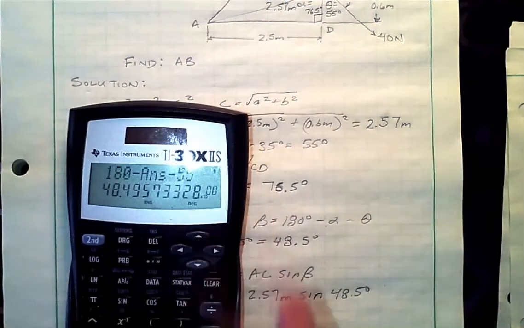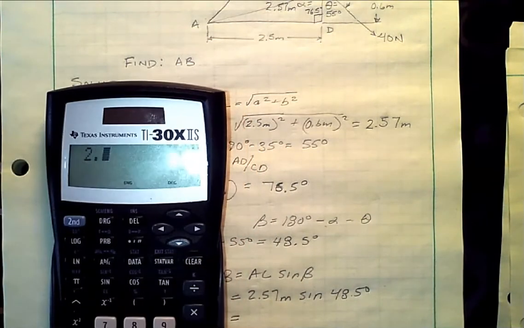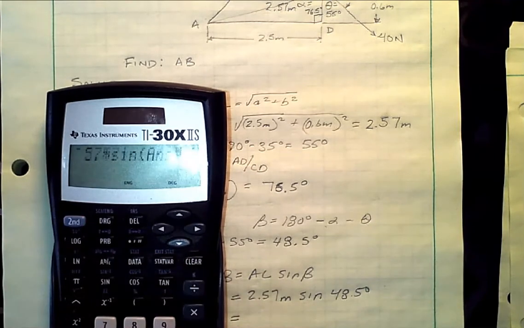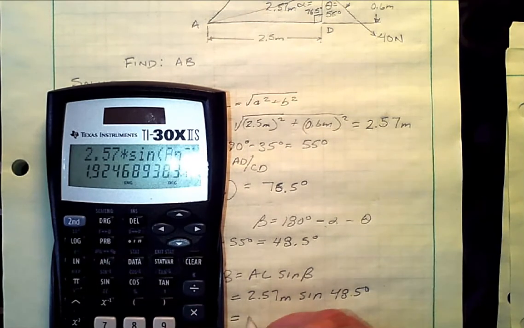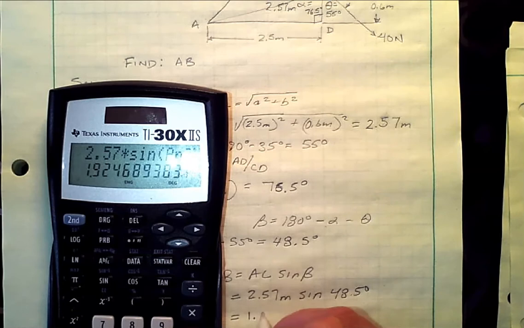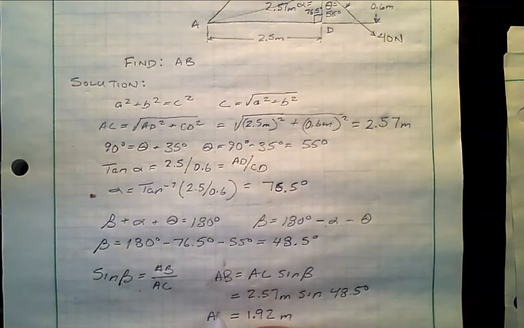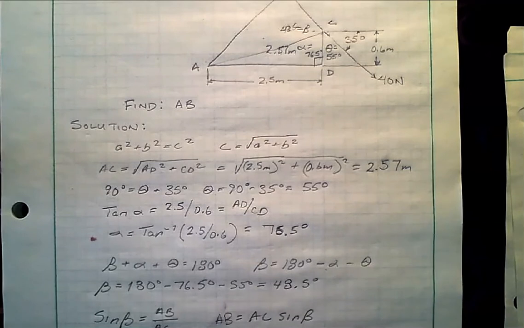If I go through and do this, I can say 2.57 times the sine of that answer, and equals, and we get this equal to 1.92. And again, this is in meters. So that's AB, and if you recall, that's what they wanted us to find. And there's our answer, 1.92 meters.